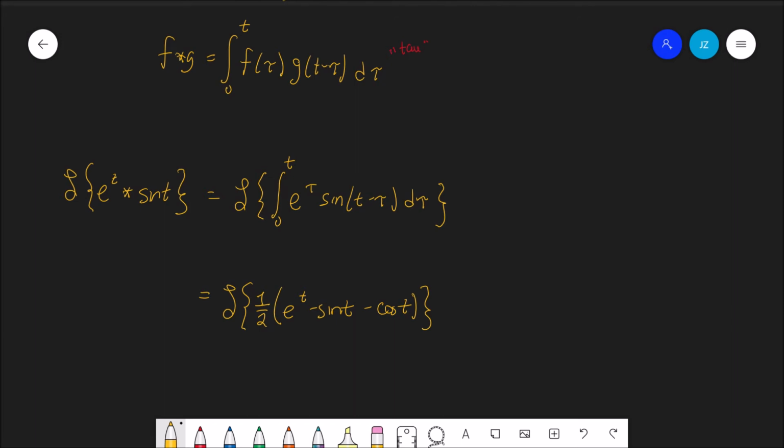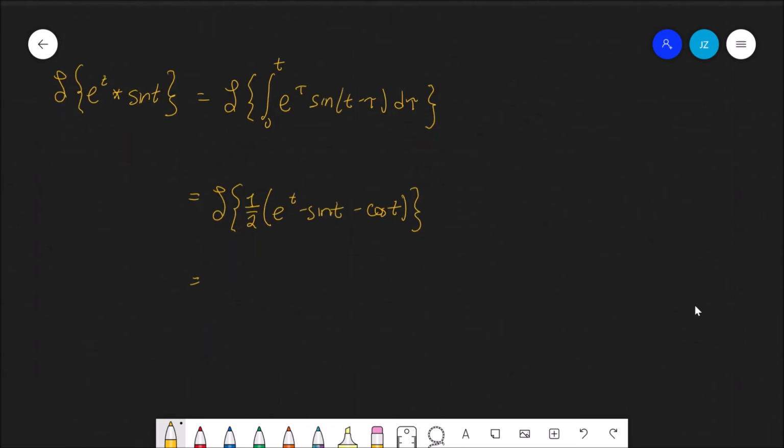So we can now use the linearity of the Laplace transform. We'll have a half times the Laplace transform of e^t minus a half times the Laplace transform of sin(t) minus a half times the Laplace transform of cos(t).